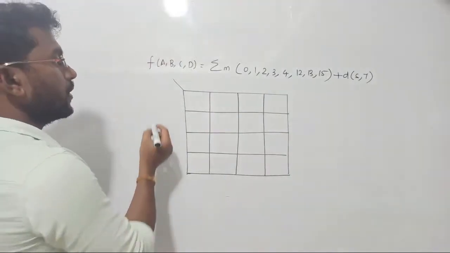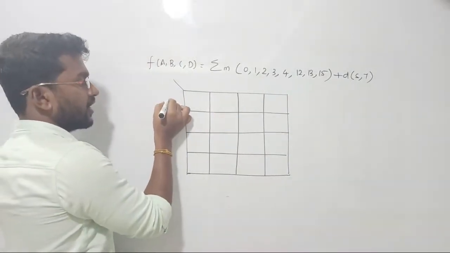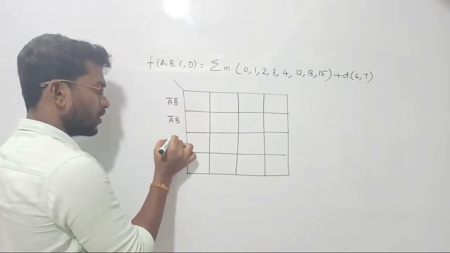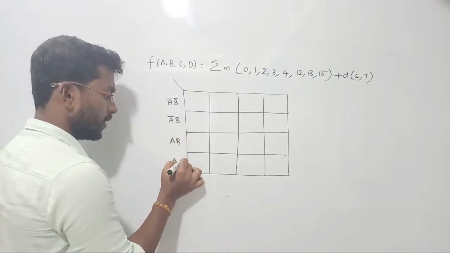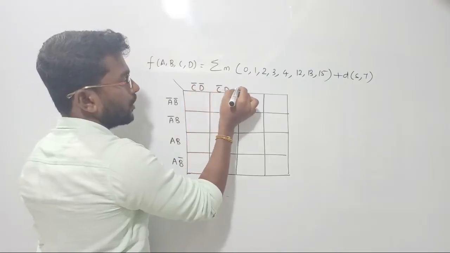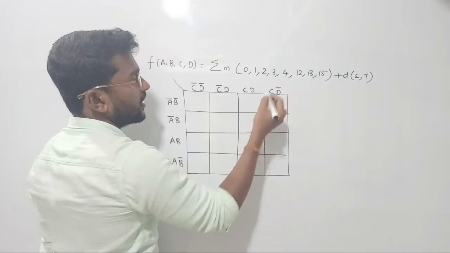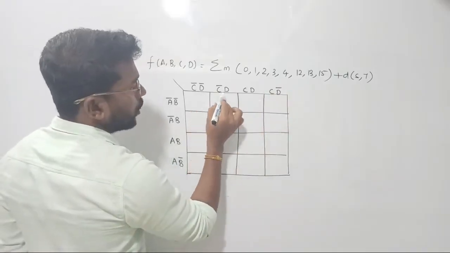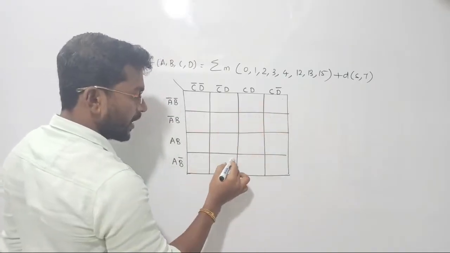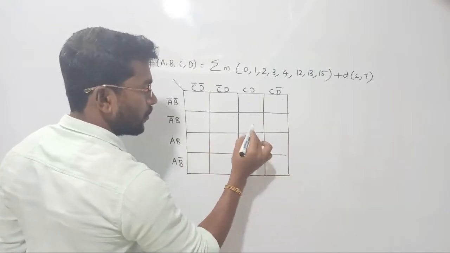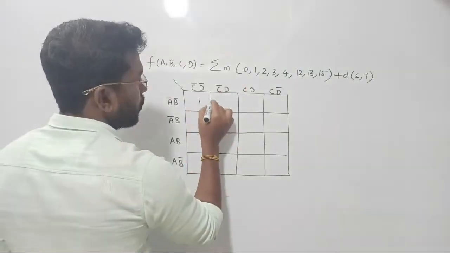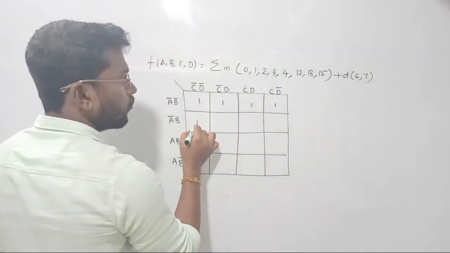Shall we perform? Yes. Once again, the possibilities are: A bar B bar, A bar B, AB, A B bar, and C bar D bar, C bar D, CD, CD bar. The values here are 0, 1, 2, 3, 4, 5, 6, 7, 8, 9, 10, 11, 12, 13, 14, 15. Correct? That is the order, we saw it last time. It comes like that, right? So 0, 1, 2, 3, 4, that's all.